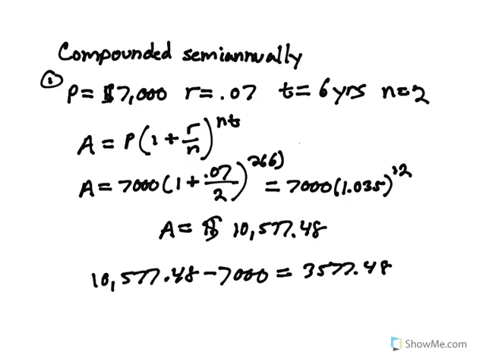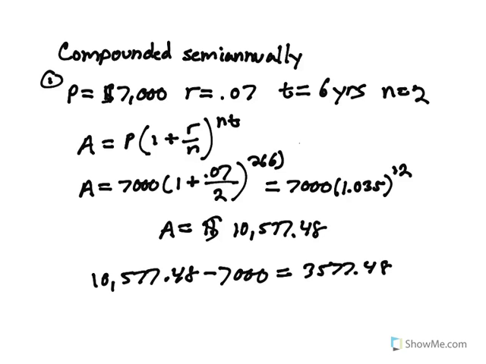If it's monthly, there are 12 months in a year, so n would be 12. So it'll be the rate over 12 when you plug it into this formula. See the r and the n? The rate's going to stay the same, but n needs to be 12 in that case.